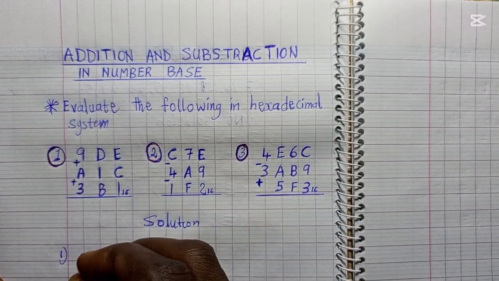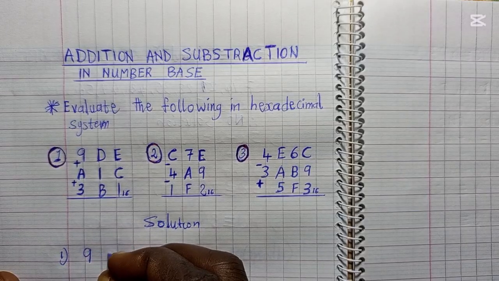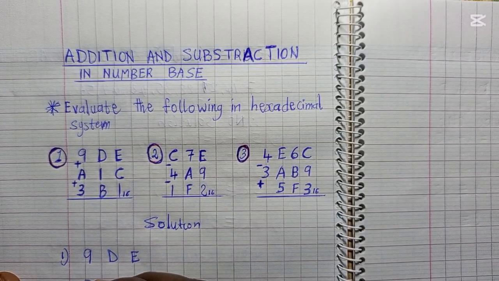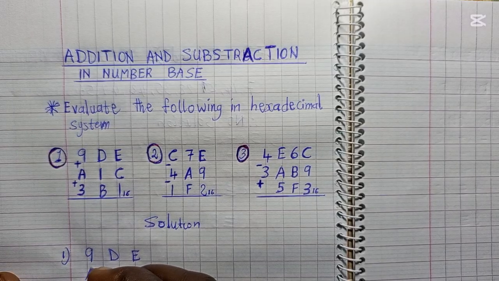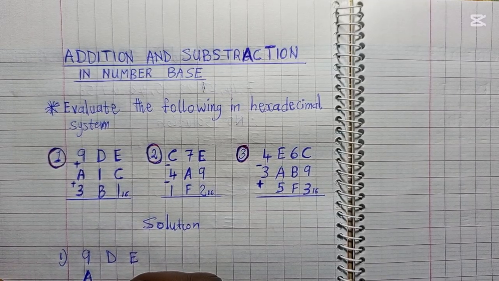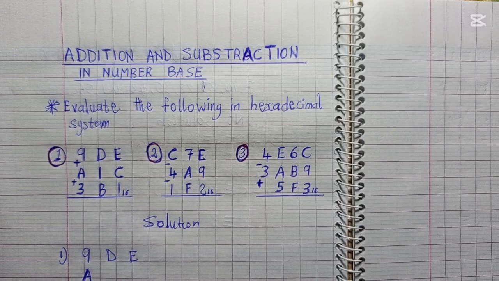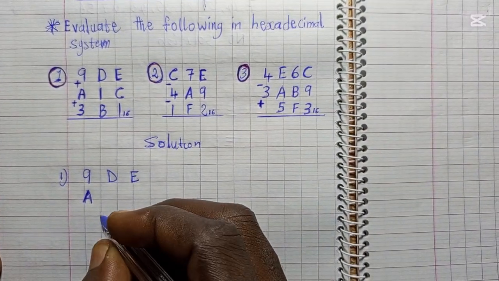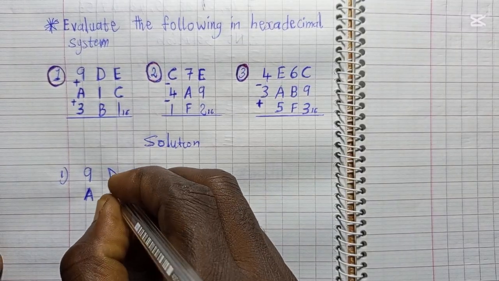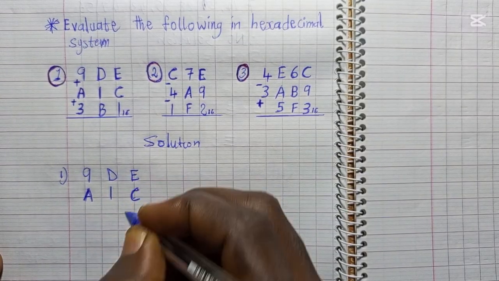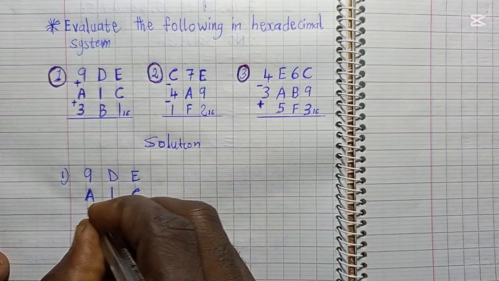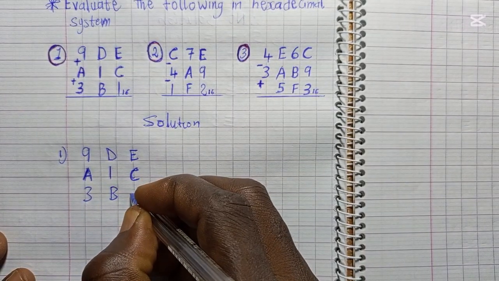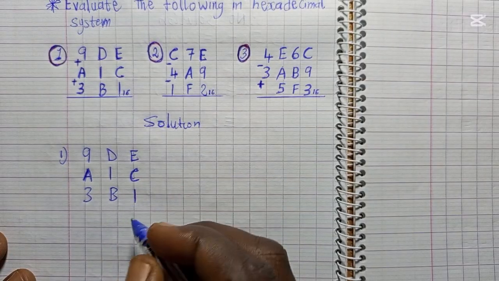Solution number one, we have 9DE, and then we have A1C, and 3B and then 1.